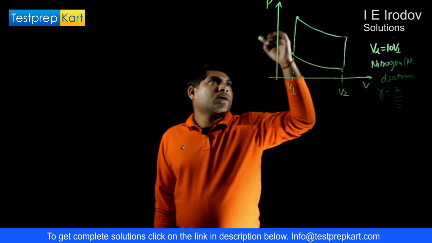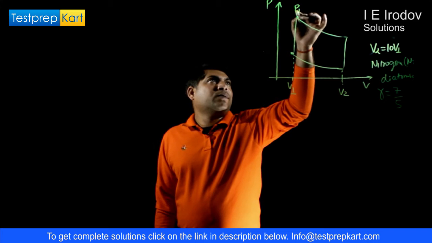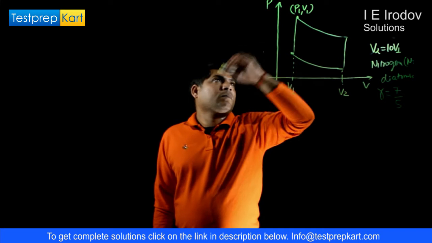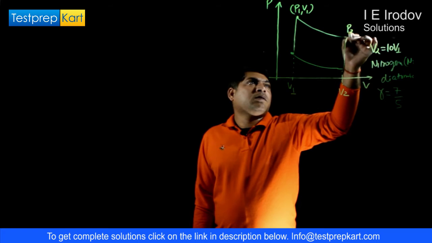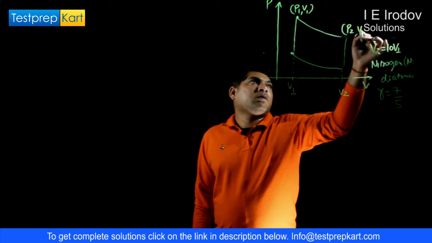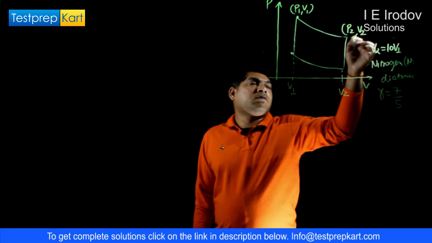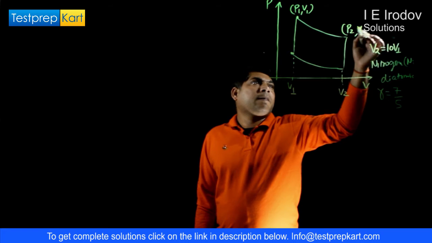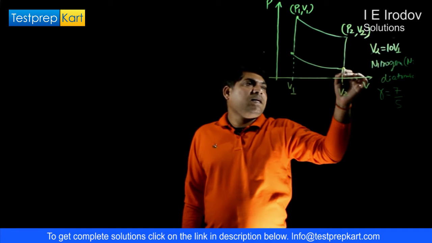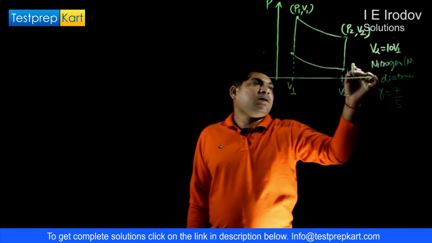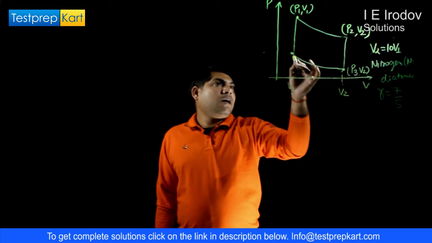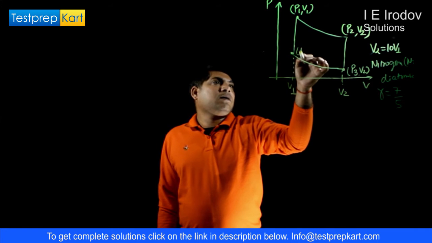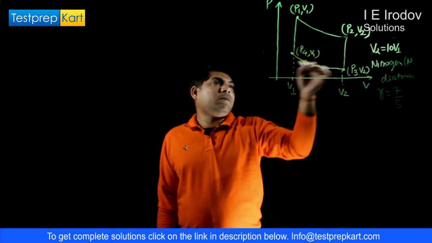Now see, if this state is P1, V1, and this state is P2, V2, and at this point it is P3, V2, and here it is P4, V1.